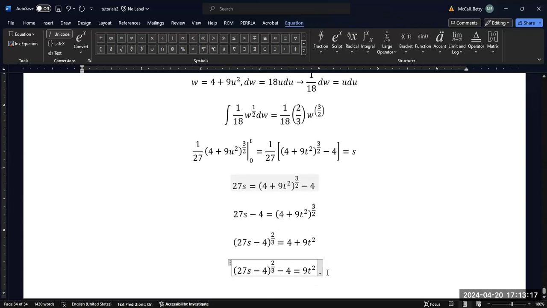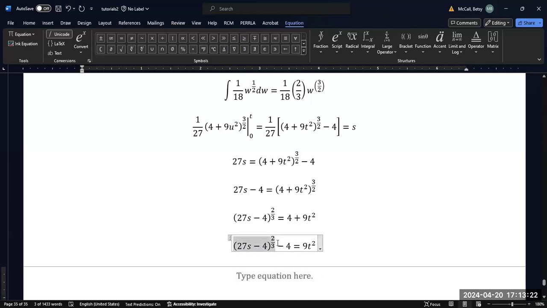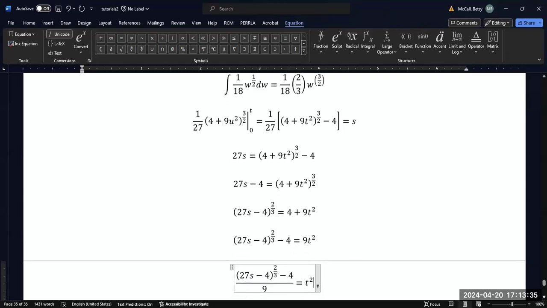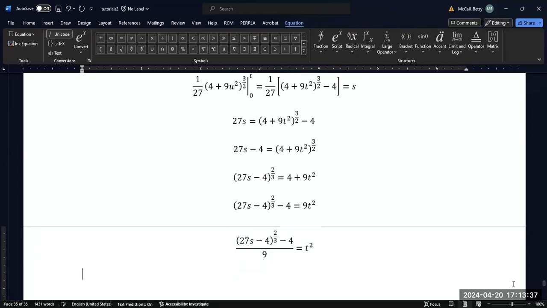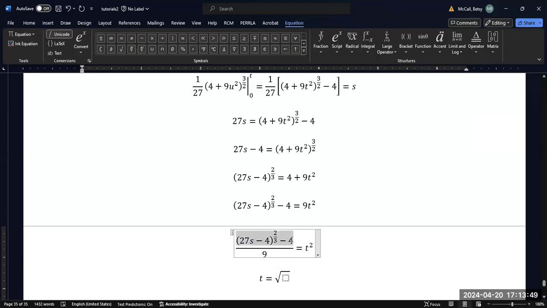And then I divide everything by 9. And then I solve for t. So then t is going to be, let's see, the square root of this thing.